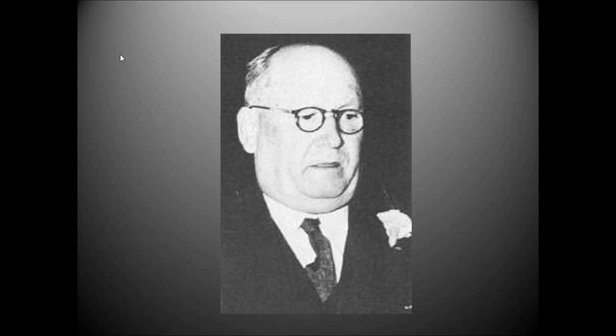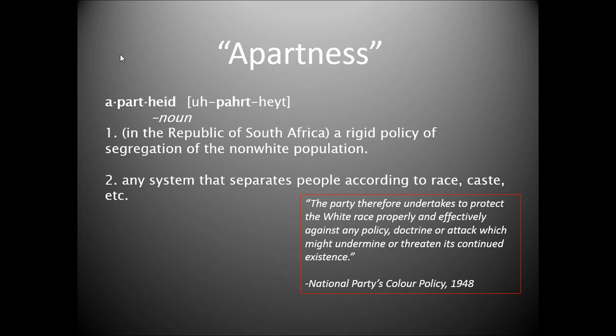Now, when we talk about the apartheid era of South African history, generally we're talking about the time period from 1948 until about 1994. So about 50 years or so, in which racial segregation becomes the number one priority of the South African government, and it really dictated all facets of life.